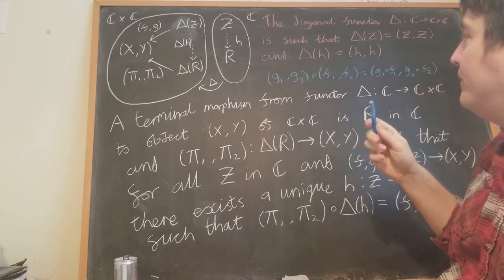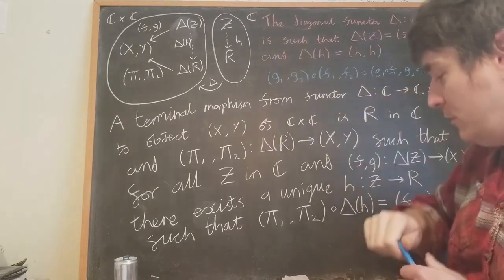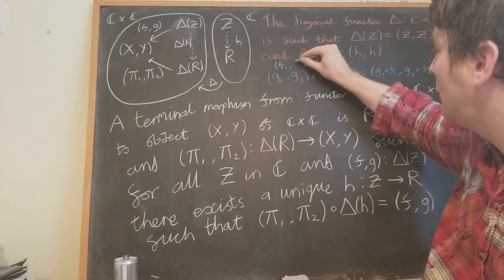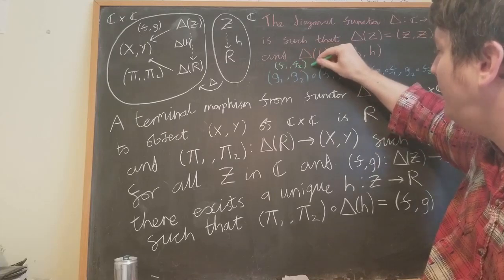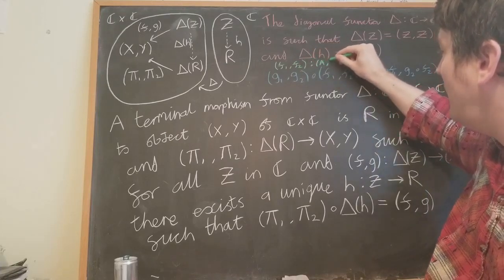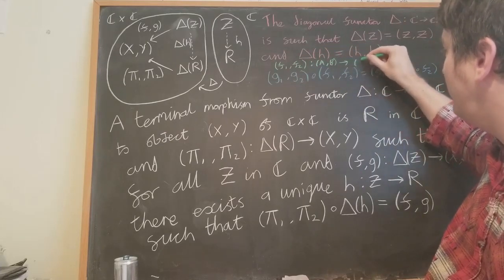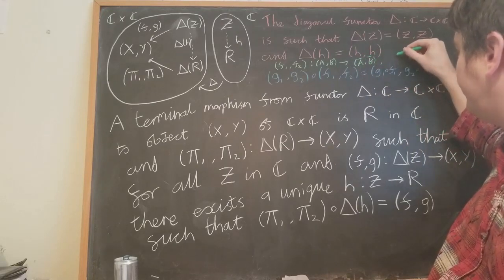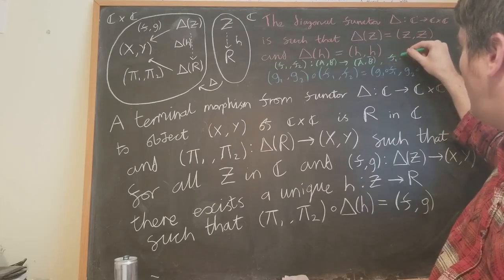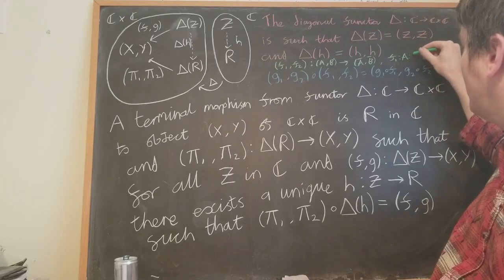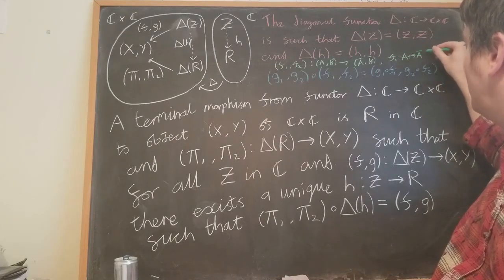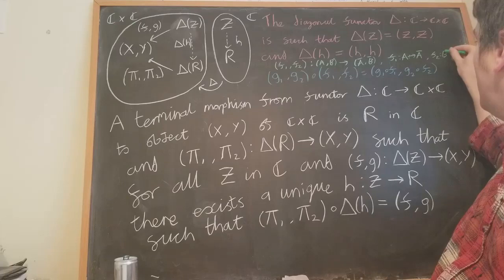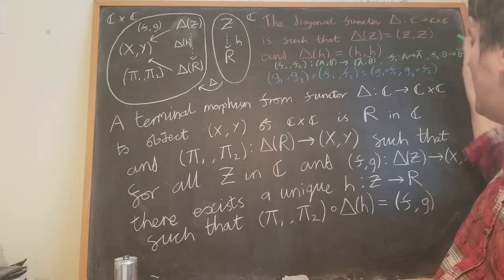And also, if we have an arrow F1, F2, let's say, that goes from object A comma B to object A bar comma B bar, well then we better have that F1 goes from A to A bar, and F2 goes from B to B bar, okay?